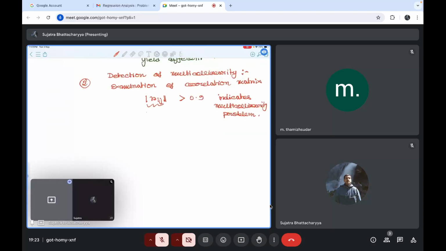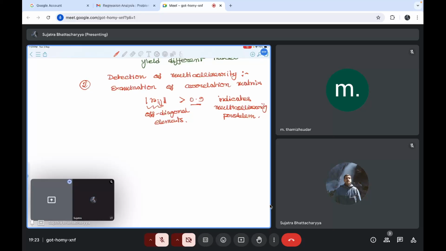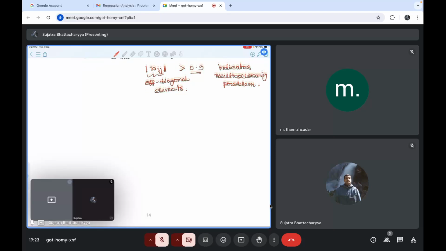As I have told you, these are the off-diagonal elements, because diagonal elements are generally one. But as very nicely shown in the lecture notes, there is a problem. If you solve the correlation matrix, you might not find a 0.9 value, maybe 0.5 or 0.4, something. But you cannot guarantee whether multicollinearity is present or not. So this is another detection technique.